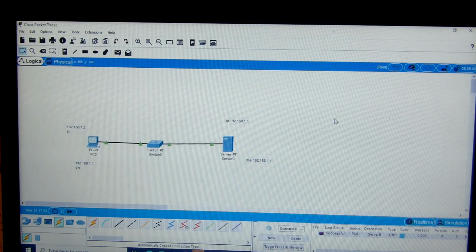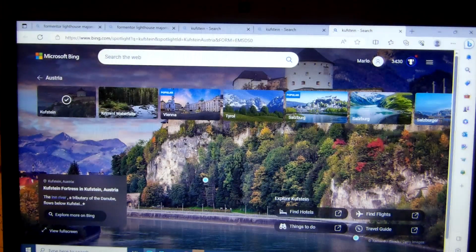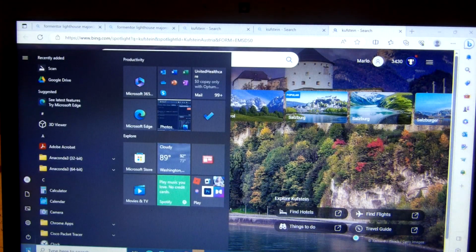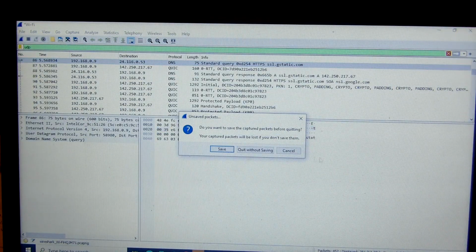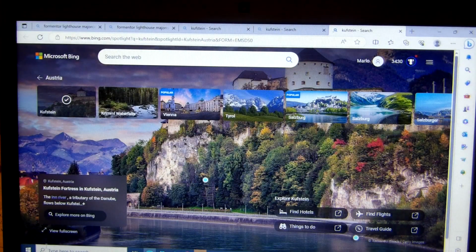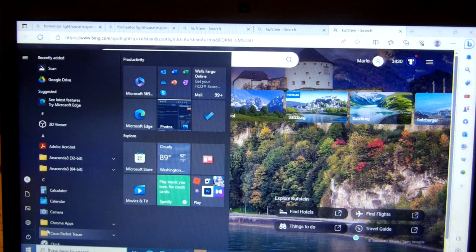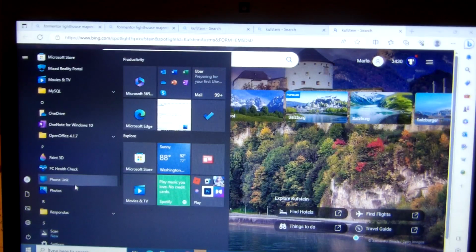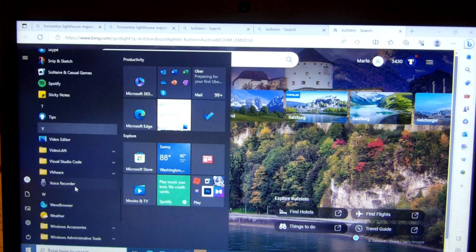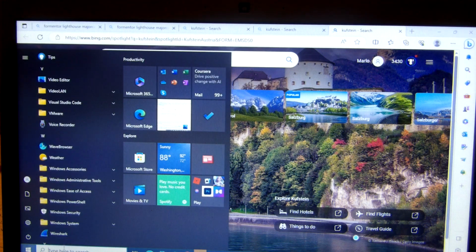Let's talk about Wireshark. You go here, Wireshark. Okay, Wireshark.